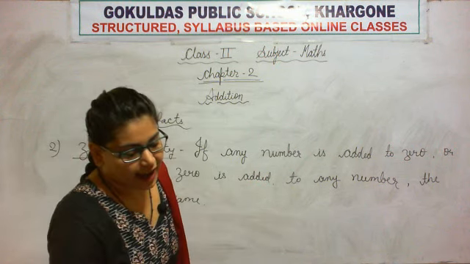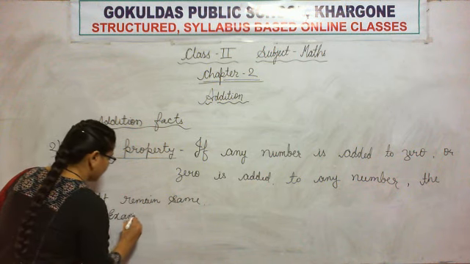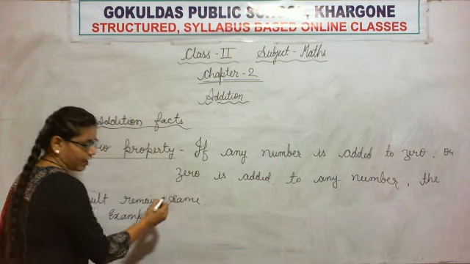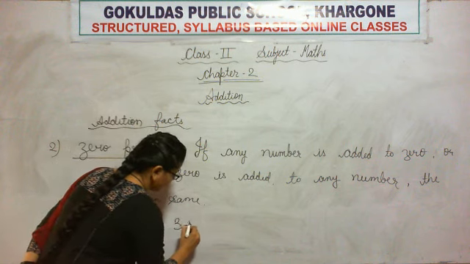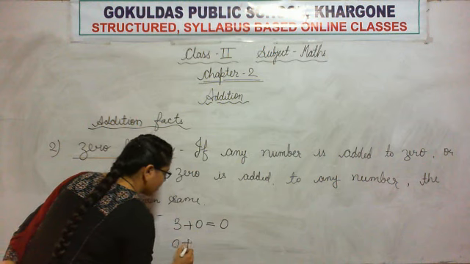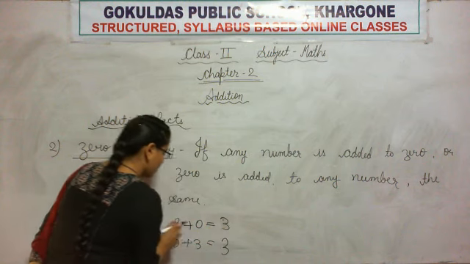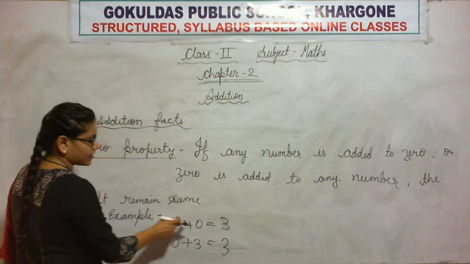So let's write example. Three plus 0 is equals to 3. Very good. And 0 plus 3 is equals to 3. If we add 0 in 3, the answer will be 3.